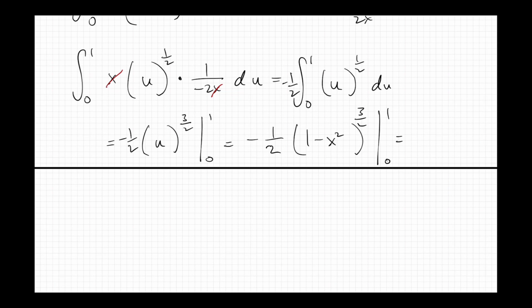When I plug in 1, you're going to get 0. Everything will be 0. When you plug in 0, you get 1 to the 3/2 is 1 times negative 1/2 is negative 1/2. So you're going to have 0 minus negative 1/2, and that'll be your answer.